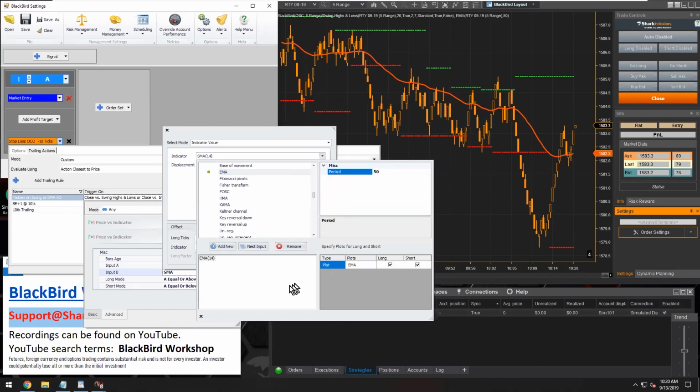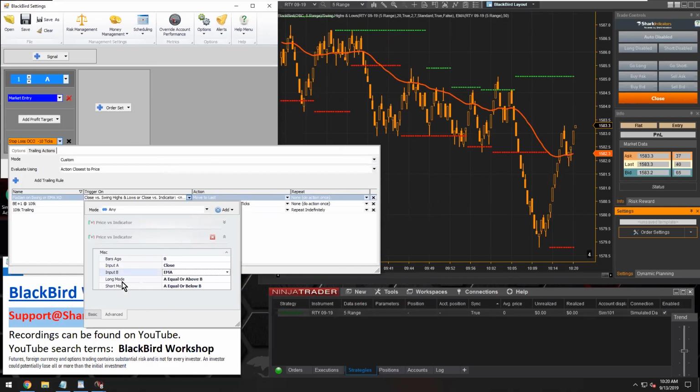Then let's change the long and short modes. If A goes below B, so if the close goes below the EMA, that's our condition for closing out a long trade, and closing out a short trade would just be the opposite. So we'll do A above B.